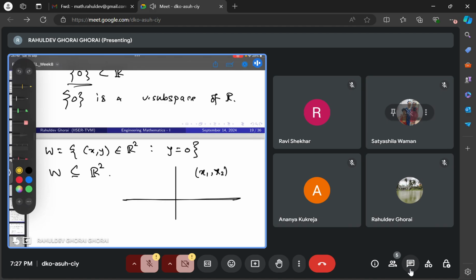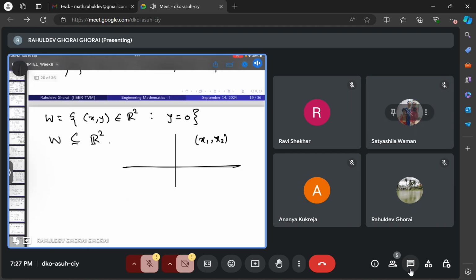We can check that this W is a vector space, right? Take any arbitrary point (x1, x2) and another arbitrary point (y1, y2). First of all, you have to check whether the element (0, 0) is there or not. (0, 0) belongs to W, because W has any (x, y) with y equal to 0, and x equal to 0 can also be there.